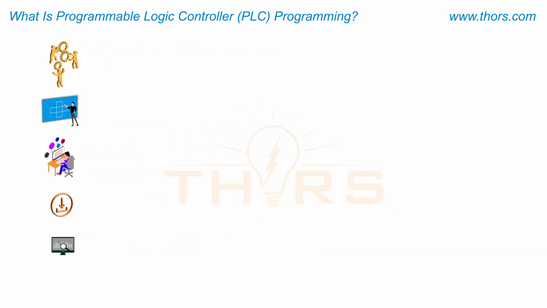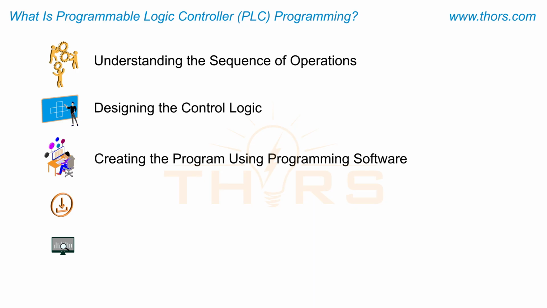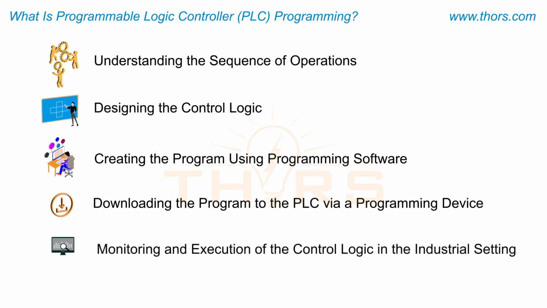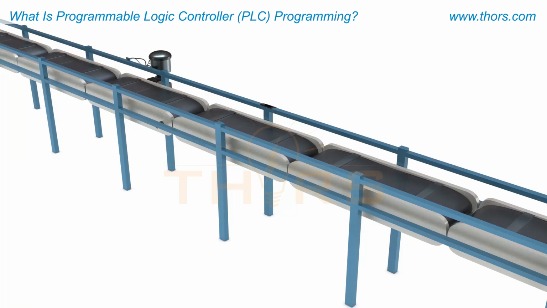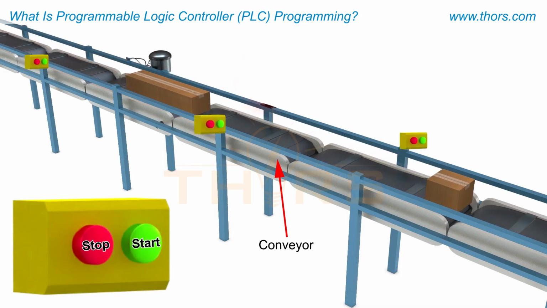The process of programming a PLC involves understanding the sequence of operations, designing the control logic, creating the program using programming software, downloading the program to the PLC via a programming device, and monitoring and execution of the control logic in the industrial setting. For example, when conveyor control is implemented, the operator first understands the multi-point start and stop sequence of operations.